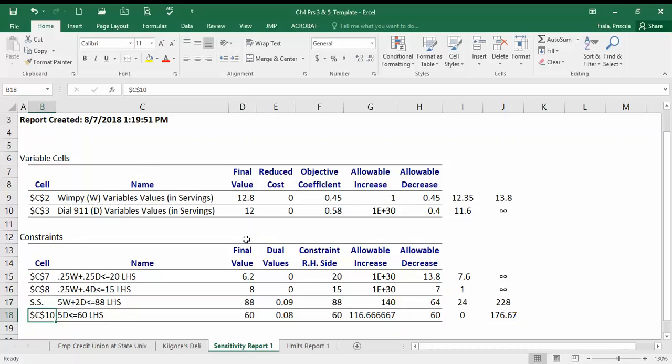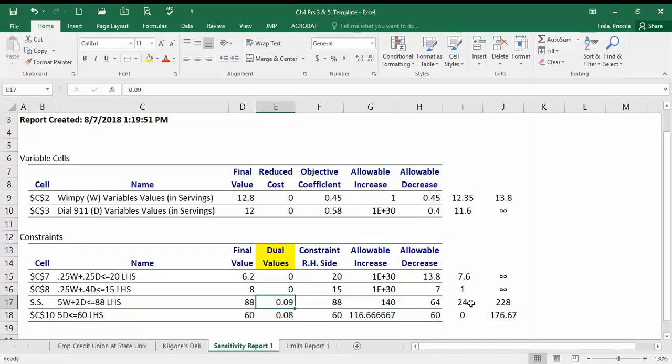So my dual value, which is also called shadow price for special sauce, can go from 24 minimum to maximum 228, and for every unit I increase or decrease there is going to be a change of 9 cents.